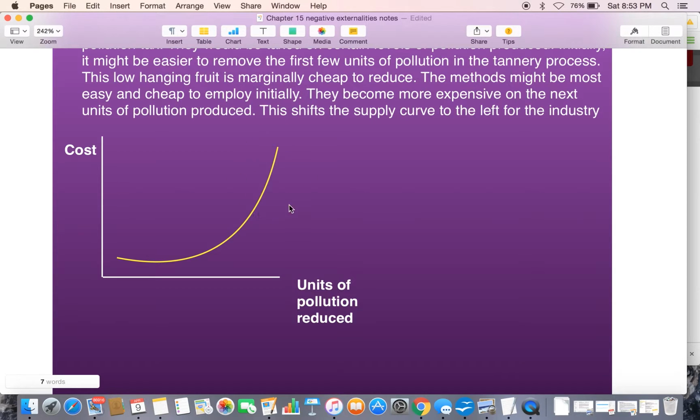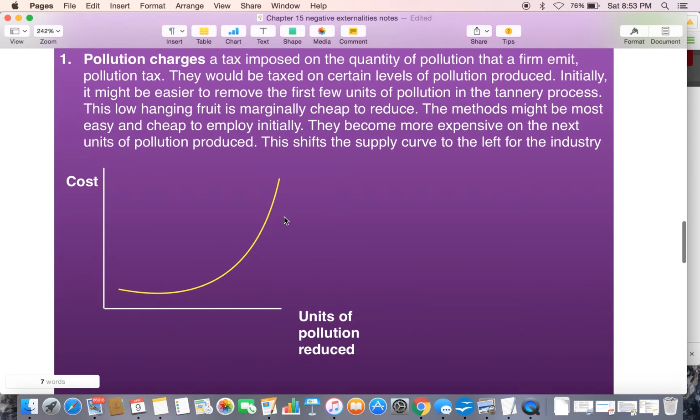So there's less real benefit from being able to reduce the units of pollution here than there is initially, because it costs much less. As long as the pollution tax is set so that the marginal benefit of reducing the pollution, meaning the cost to reduce that pollution, is less than the tax for the majority of the units of pollution being reduced, then we'll see a drastic decrease in the amount of pollution.